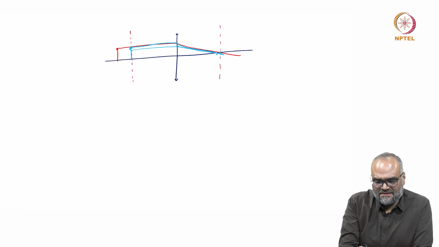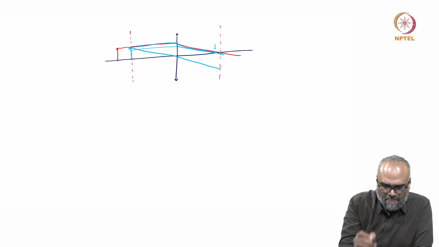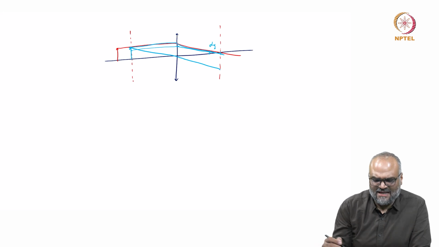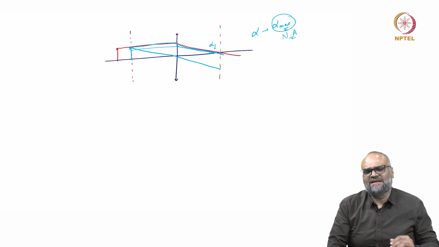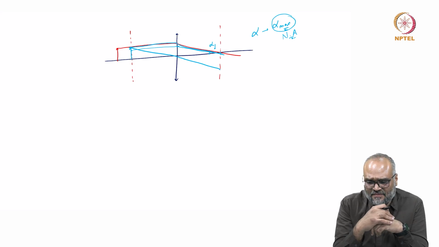Now, if I take another ray which is parallel to this particular ray from the other side of the lens, and let us say this is at some angle alpha. When this alpha reaches the maximum value, this is called the numerical aperture of the lens. It is essentially the largest acceptance angle that you have for any lens.